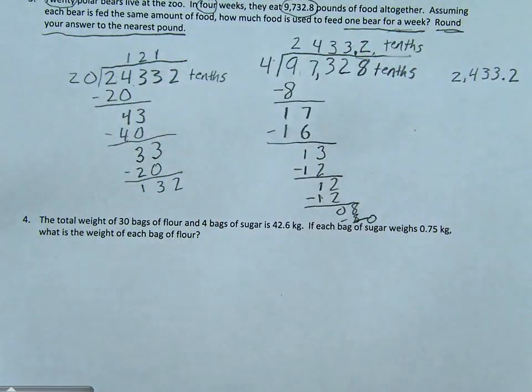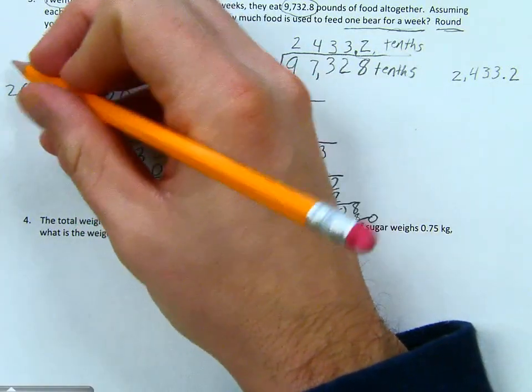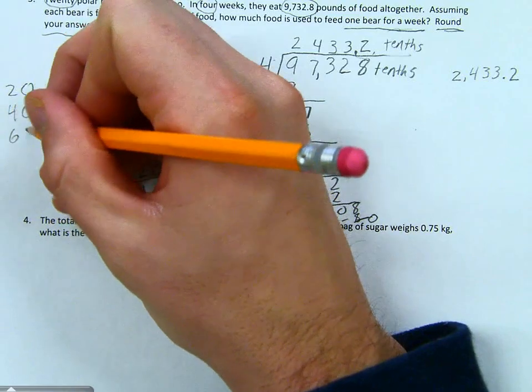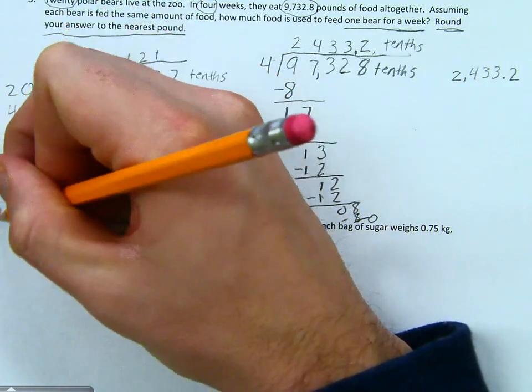20 goes into 132. I have to think about that for a second. 20 times 5 would be 100. 20 times 6 would be 120. If I need to, I could write my factors of 20 here. Skip count by 20s: 20, 40, 60, 80, 100, 120, 140.